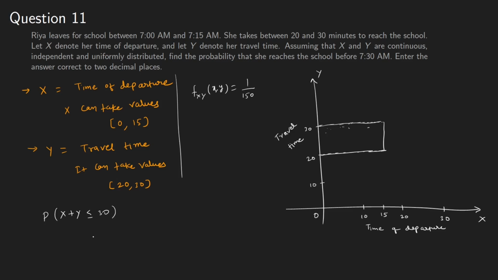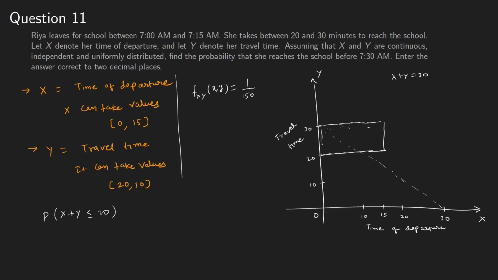So as usual, we will first draw a line. x plus y less than or equal to 30 will represent a region, but x plus y equals 30 will definitely represent a line, and this line will go along this direction. So x plus y should be less than 30.